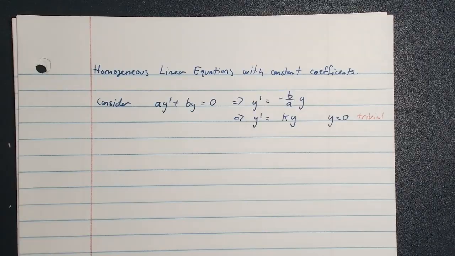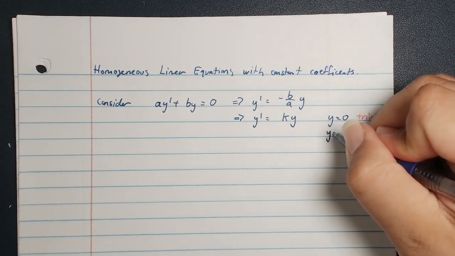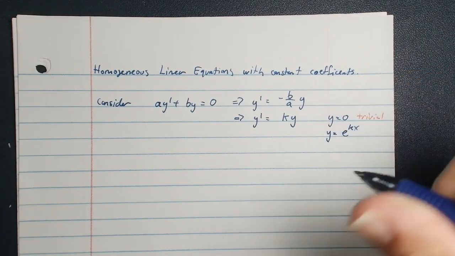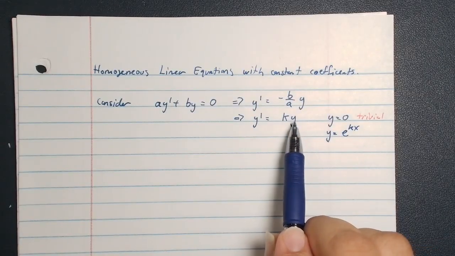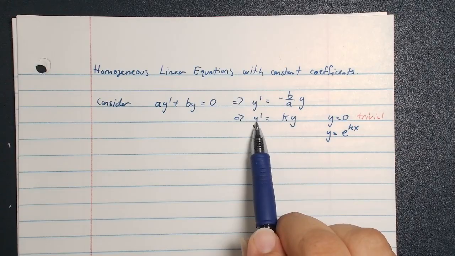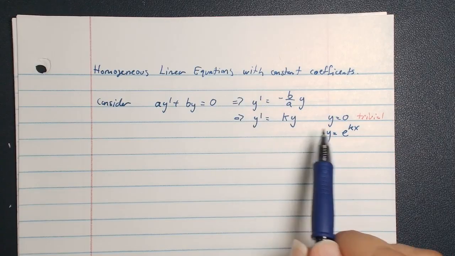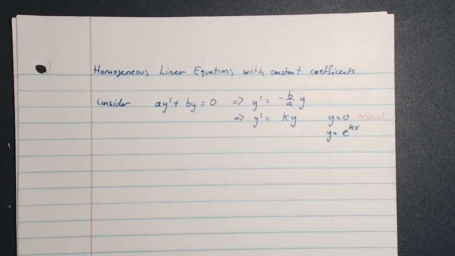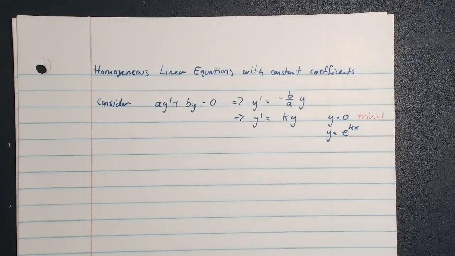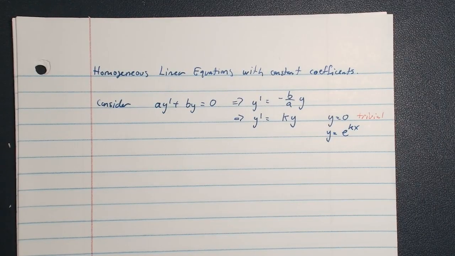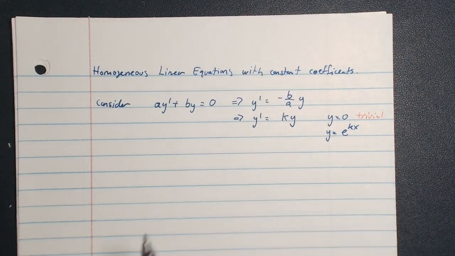But the exponential function does that. y equals e to the kx. Because after all, if this is e to the kx, and I take its derivative, I get e to the kx again. Oh, except times the extra k thanks to the chain rule. You can try that, right? Plug that in, it'll work.